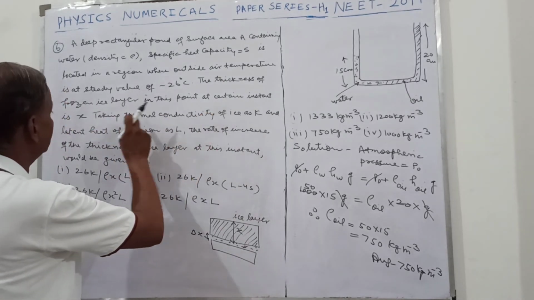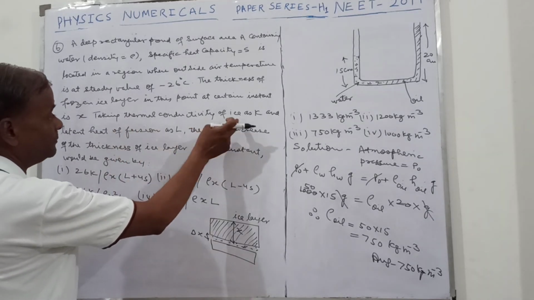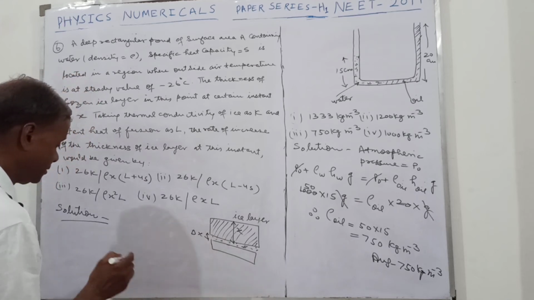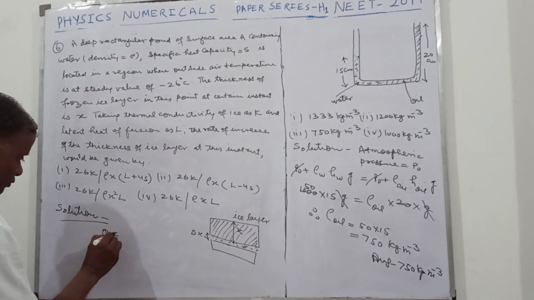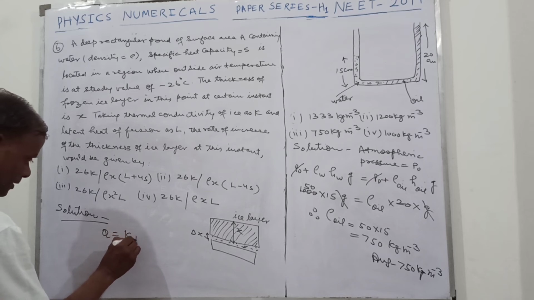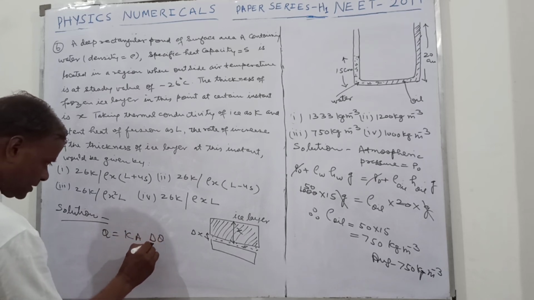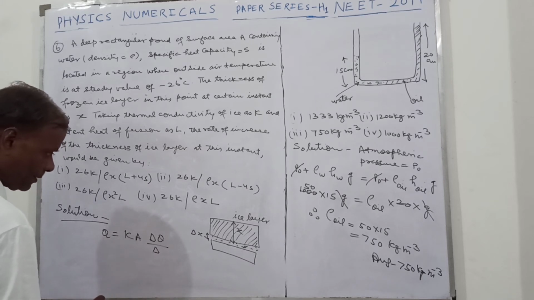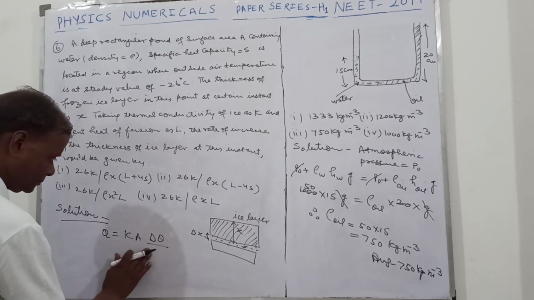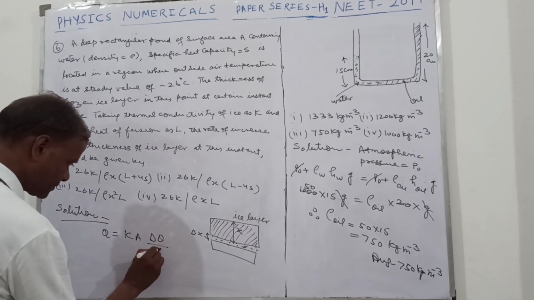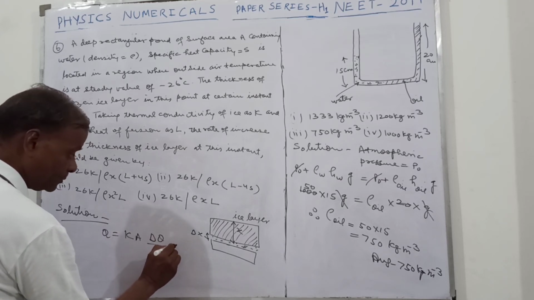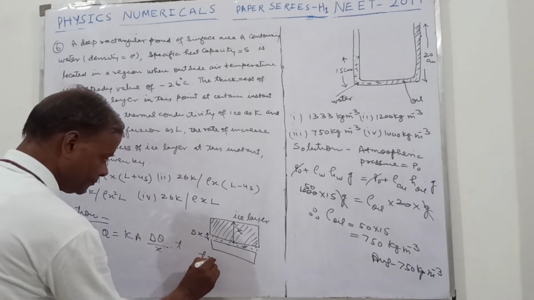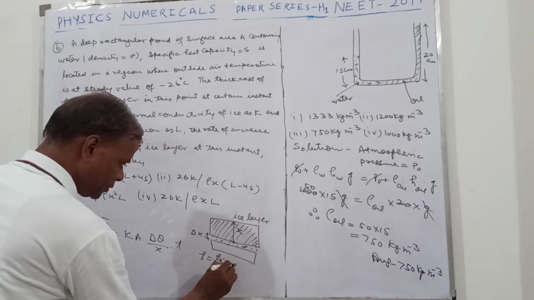Also one more point to be noted here, that we are given the thermal conductivity. Thermal conductivity means that you have to apply the formula of thermal conductivity. So Q is equal to K A delta theta upon x into time, where t is the time.